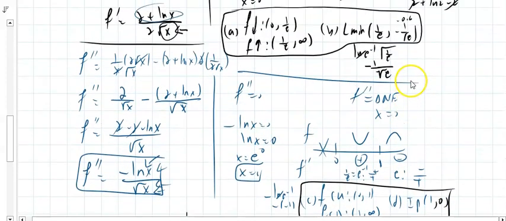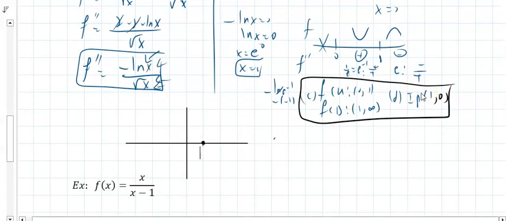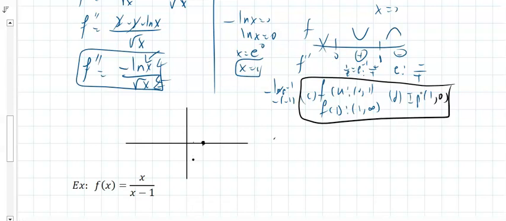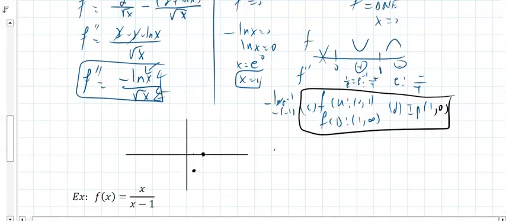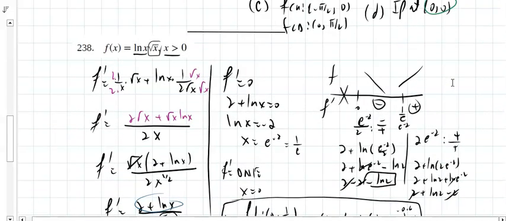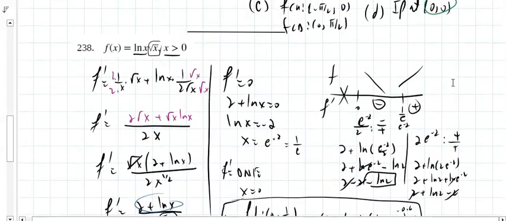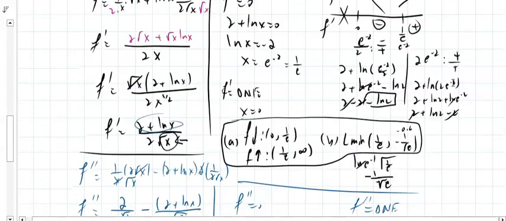I have a minimum at 1 over e, and it's negative. This is 1 over e negative, a minimum. Let me make sure. Yeah, we have a minimum at that. Now at 0, we are at 0. Actually, 0 is an asymptote.